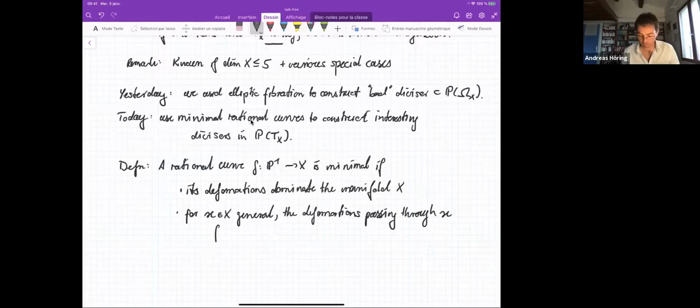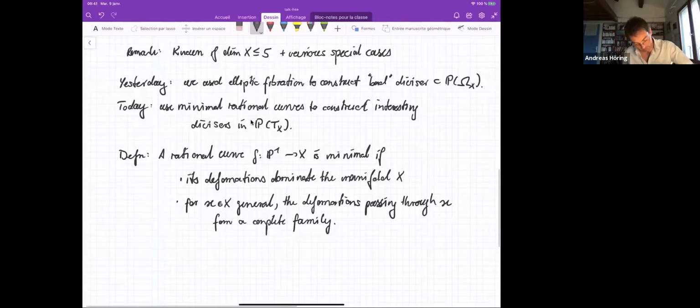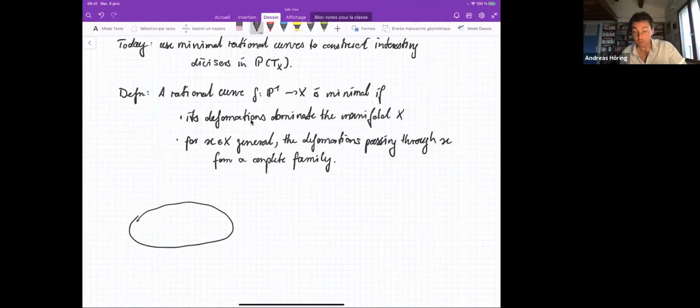So what's the picture? You have your manifold X, and in here you have this rational curve. The first condition is that the deformations cover the manifold, or dominate the manifold. Your rational curve starts to move around, but while moving around, if you go to infinity, it might break up.